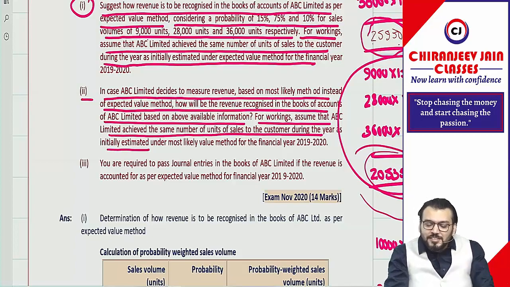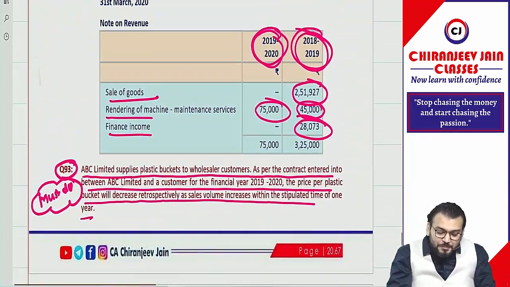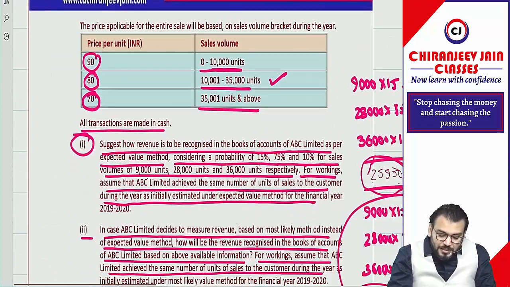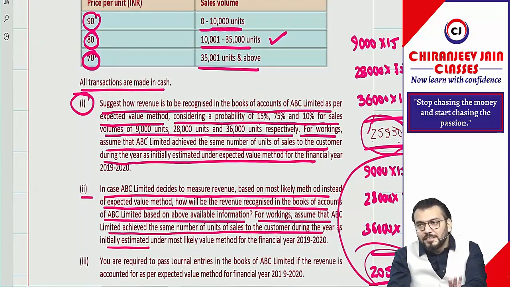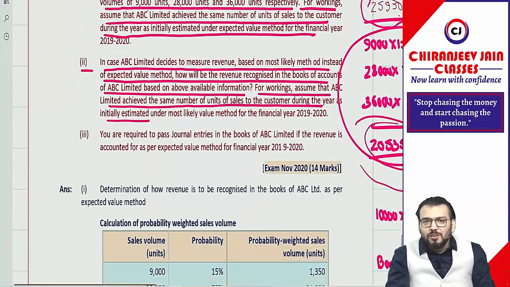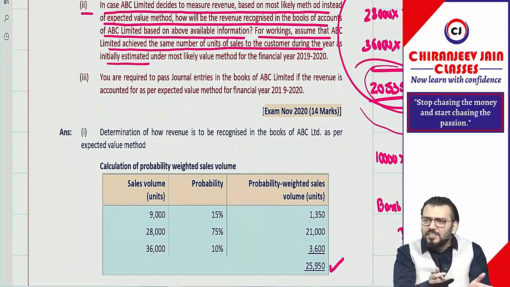Then what is the most likely probability? It is 75%. It means 28,000 units are expected, and actually it will also be 28,000. Can I say we'll follow whatever we have done first: for 10,000 units we receive 90 but recognize 80, then the balance 18,000, the same thing.